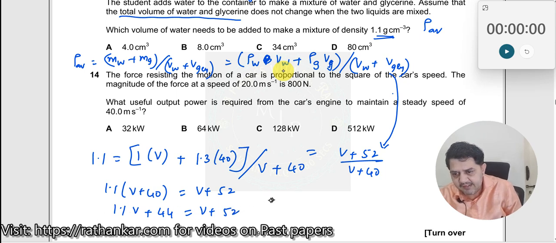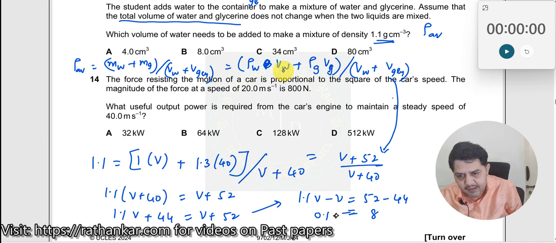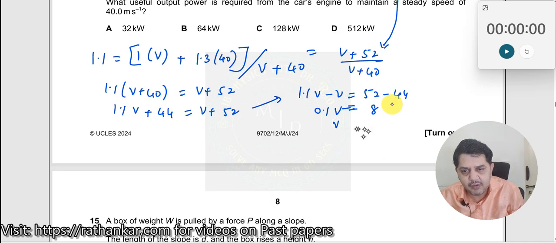So I'll pull this that side. Which will now be 1.1 V minus V is equal to 52 minus 44. What is 52 minus 44? It should be 8, right? This should be 0.1 V. So V is equal to 8 by 0.1, which should be equal to 80, right?